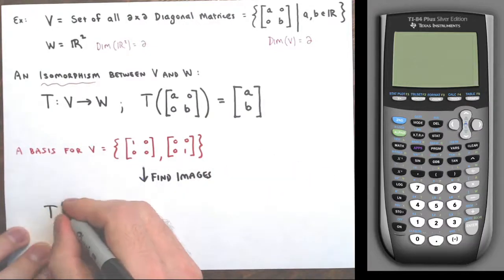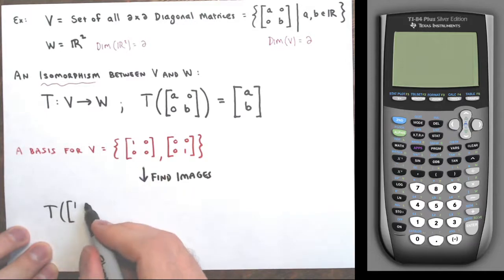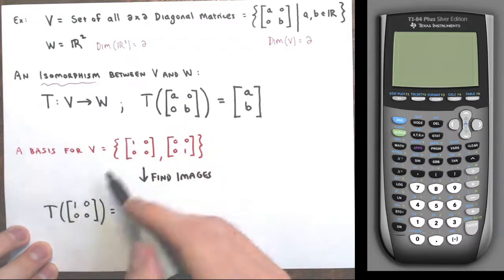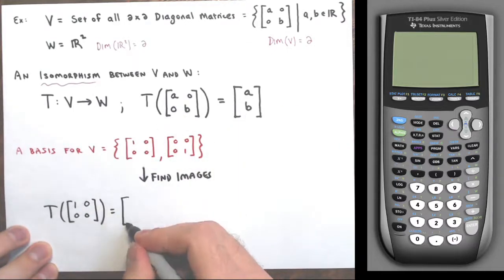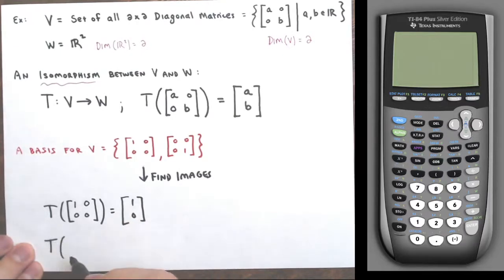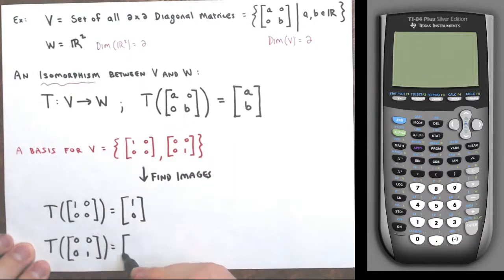What's T of the first basis vector for V, that 1, 0, 0, 0? If I plug this in here, I'm just replacing A with 1 and B with 0, so I'd have the vector 1, 0. And what's the image of the other basis vector, T of 0, 0, 0, 1? Applying T, that's just replacing A with 0 and B with 1, so I'd have 0, 1.